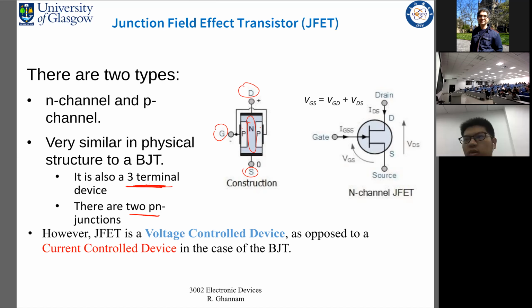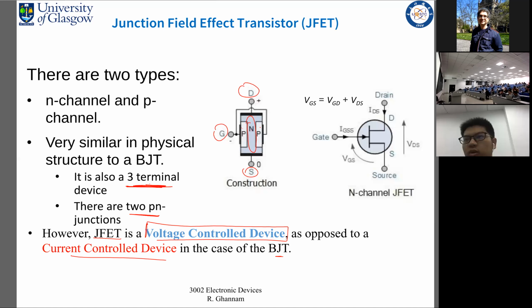The main difference between BJTs and JFETs is that a JFET is a voltage controlled device, whereas a BJT is a current controlled device, as you have seen. When we apply an IB current, increasing the IB current results in an increase in the collector current. Whereas in the JFET, this is opposite: we have a voltage controlled device.